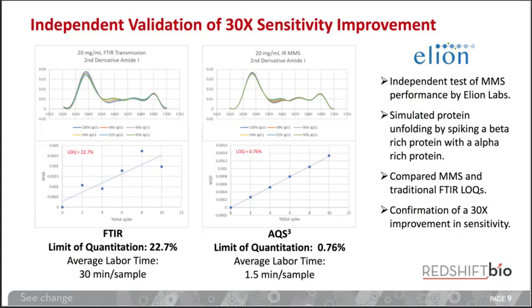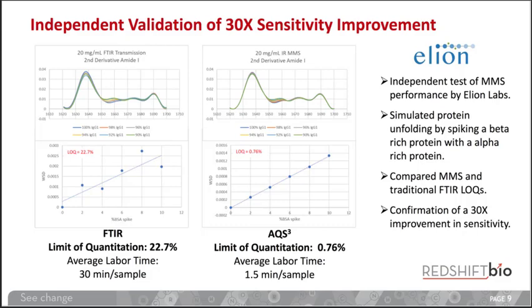So what you see on top here are second derivative spectra for the samples. These are multiple spectra, and you can see they overlap fairly well in most places, and the change by spiking with an alpha-rich protein is shown here in this spectral region. Again, FTIR on the left and MMS on the right.